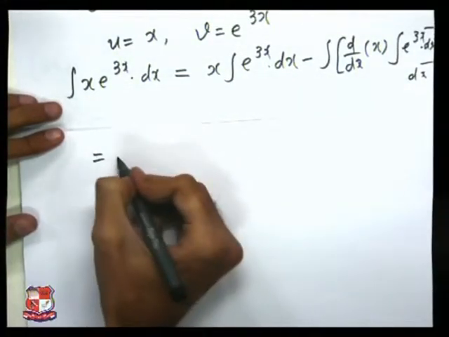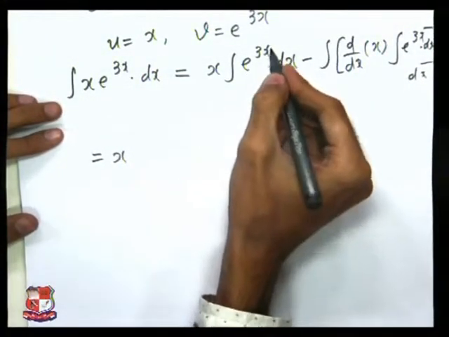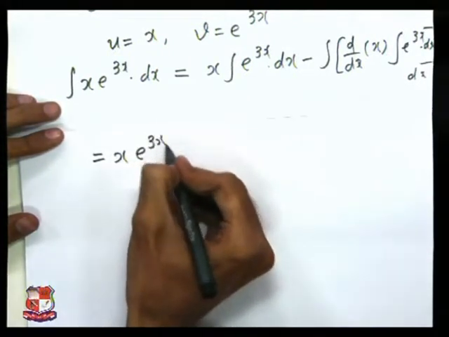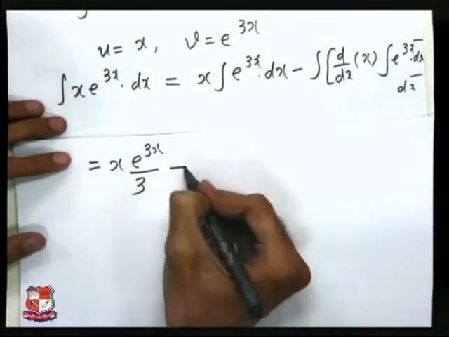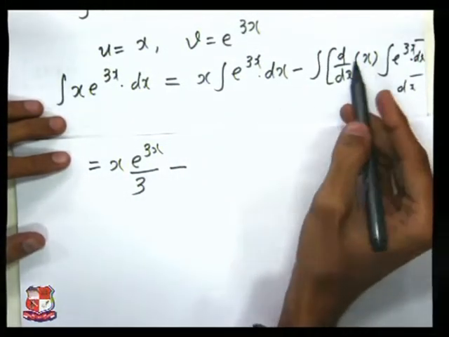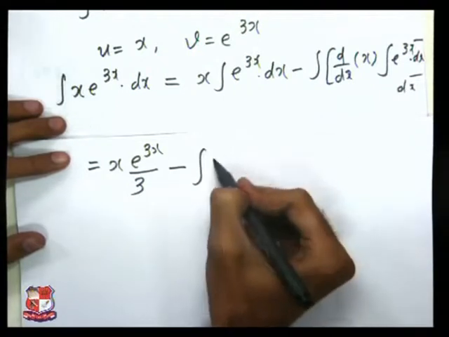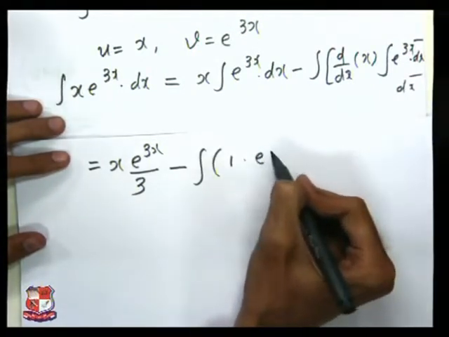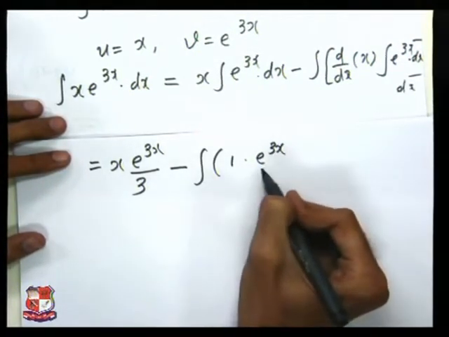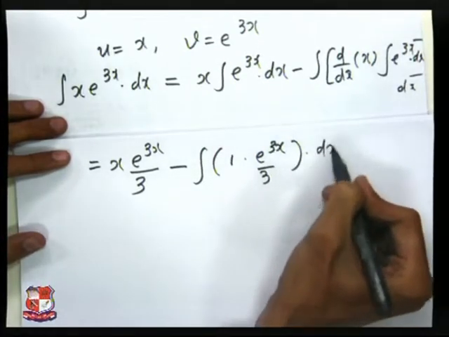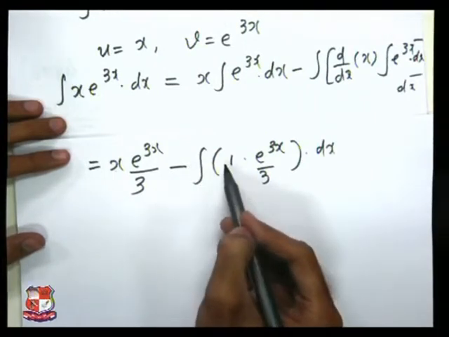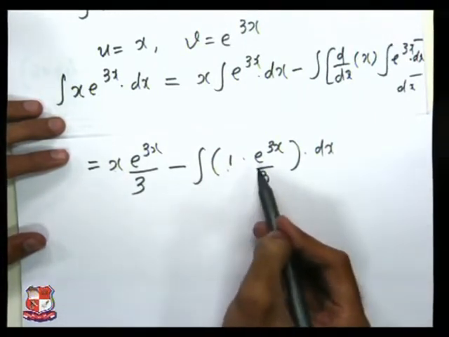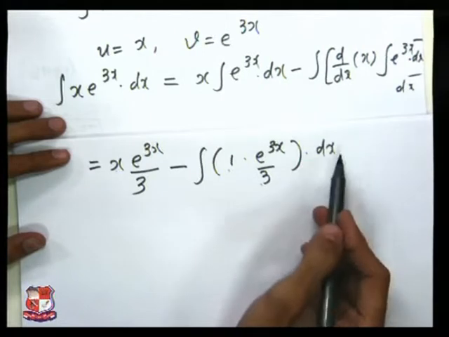Okay, so by integrating this expression we will get x into the integration of e raised to 3x, that is e raised to 3x by 3, minus the differentiation of x, which is equal to 1, into the integration, that is e raised to 3x upon 3. This is u into the integration of v, minus the differentiation of u into the integration of v into dx.